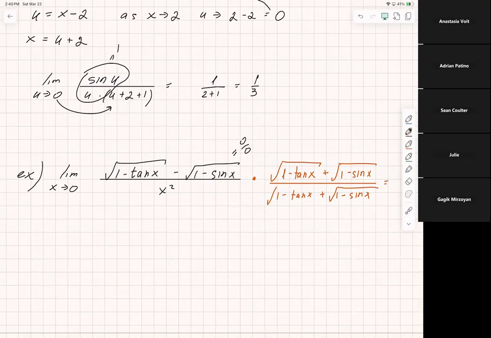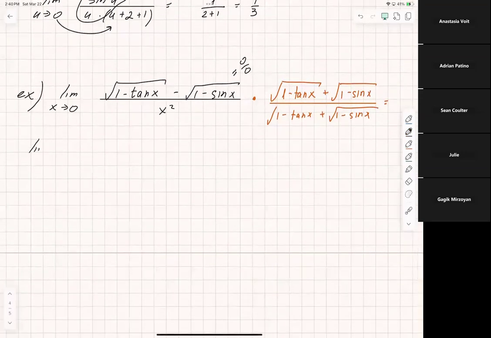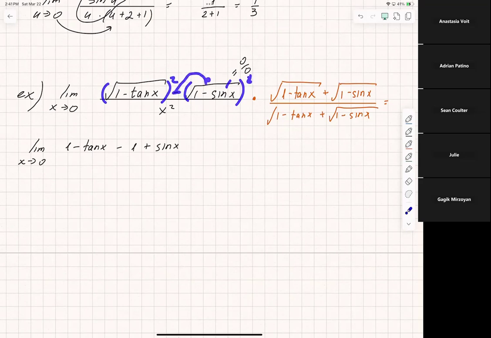And we would have here the limit as x approaches 0 of (1 minus tangent x) minus (1 plus sine x)... Why? Because when we have the square, the square root of the square gets lifted, and we have a negative that will also be applied to this negative sign. So this is why we have a positive sign here.